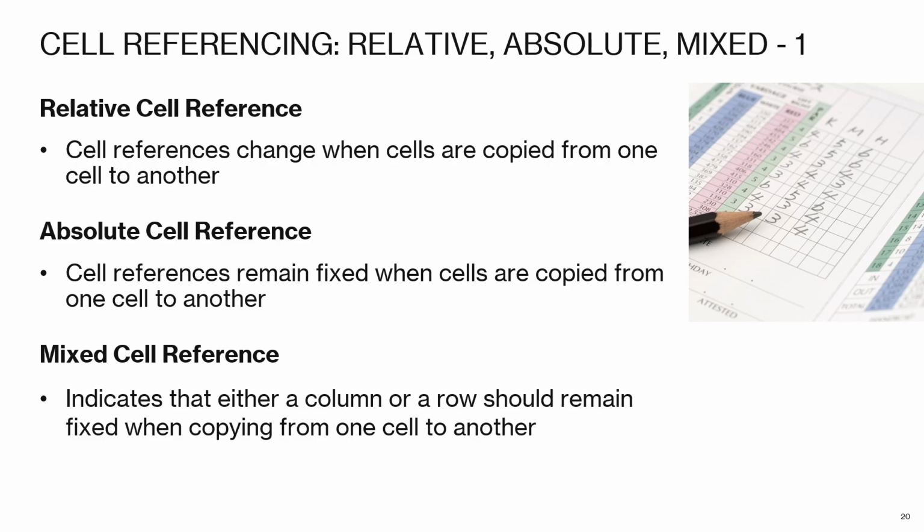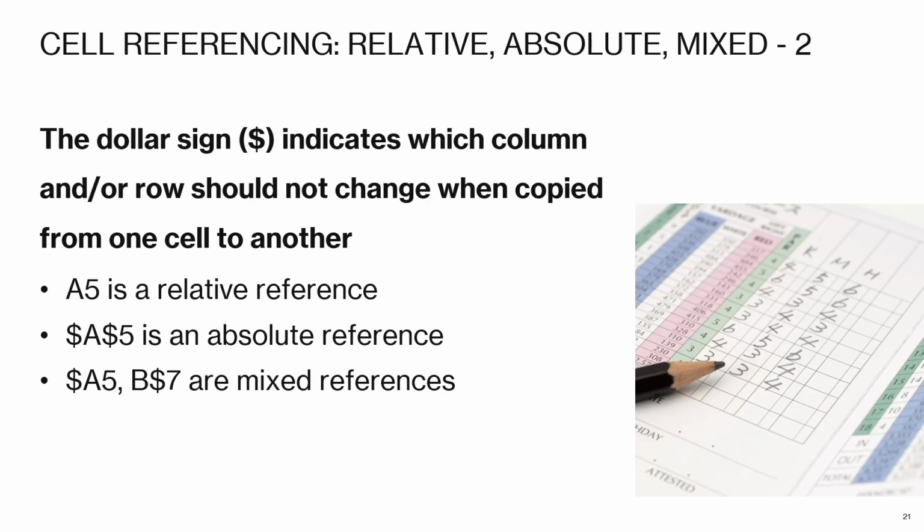Okay, so this indicates that either a column or a row should remain fixed when copying from one cell to another. So the way we tell Excel to handle this cell referencing is we use a dollar sign in front of the column or row to show which one of them should not change when we copy that formula from one cell to another.